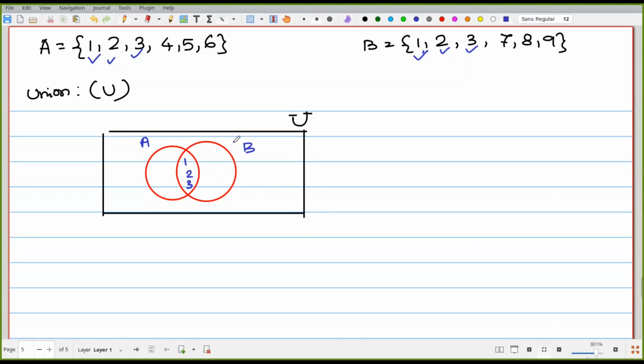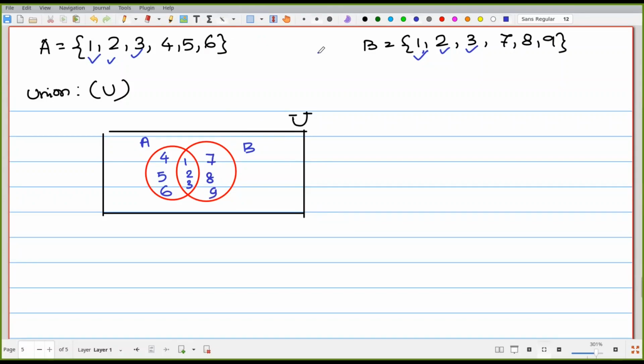So it is representing that 1, 2, 3 are present in both A and B. Then 4, 5, 6 are only present in set A but not B. Just according to the first red color small A set, that is representing 4, 5, 6, 1, 2, 3. Then for set B, 7, 8, 9 are the extra.